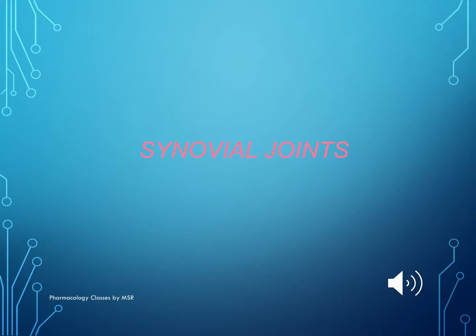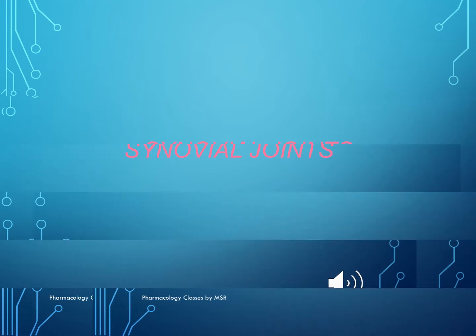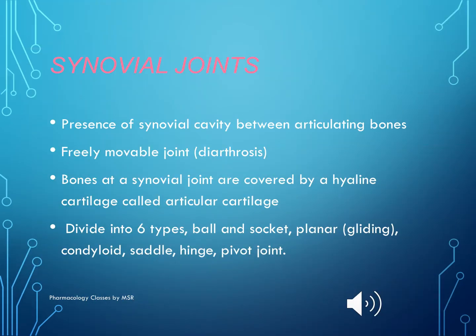The third type of joints are synovial joints. As the name indicates, there is a cavity or space between the two joining bones, and this cavity is called the synovial cavity. Because of the presence of a space between the bones, they have free movement, which comes under the functional classification of diarthrosis.